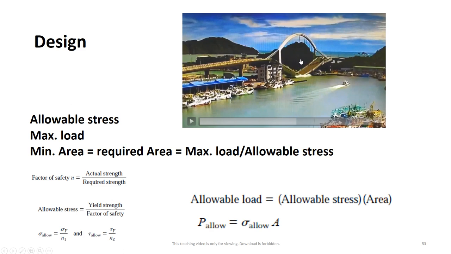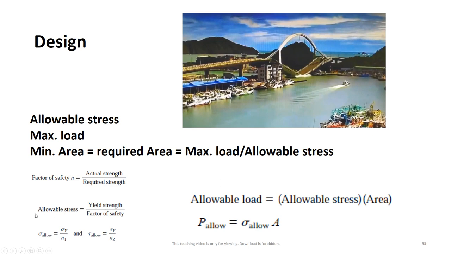For example, the car is 1,000 tons, and you will have a regulation saying 100 tons is too high. You need to reduce it to maybe 60 tons. So this is the meaning of allowable stress.